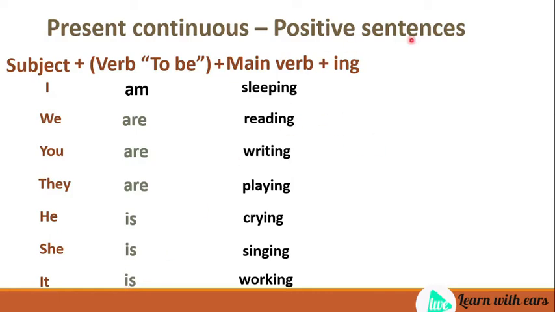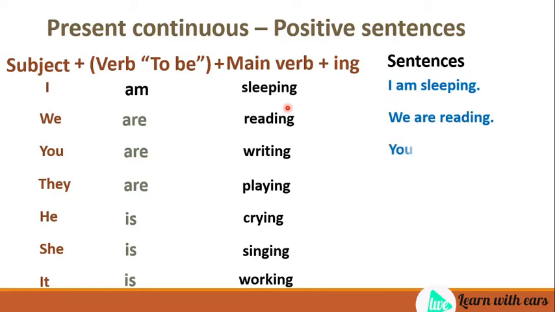For making positive sentence, we need subject, verb to be, main verb with ing. I am sleeping. Okay, so here we have sentences. I am sleeping. We are reading. You are writing. They are playing. He is crying.